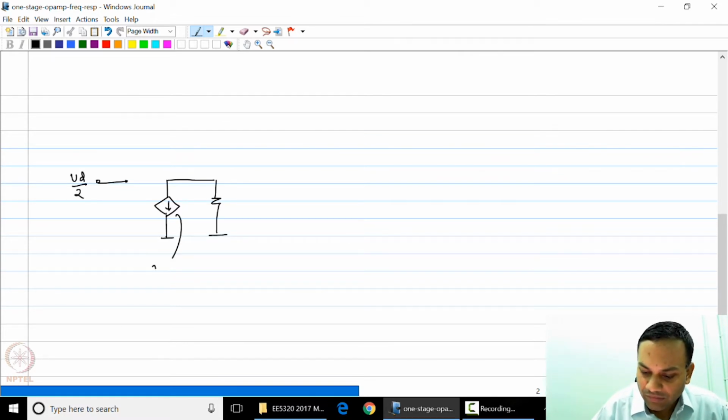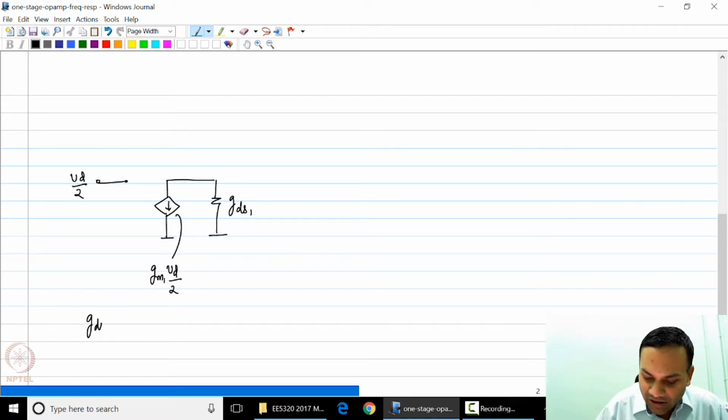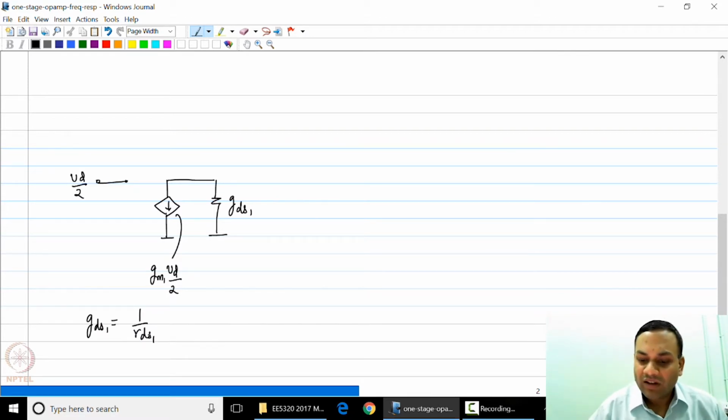So, this is gm1 times Vd by 2, and I will now express the resistances as their equivalent conductances. So I'm going to call this gds1. Clearly gds1 is nothing but 1 over rds1 and so on.